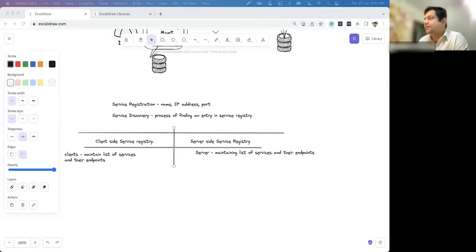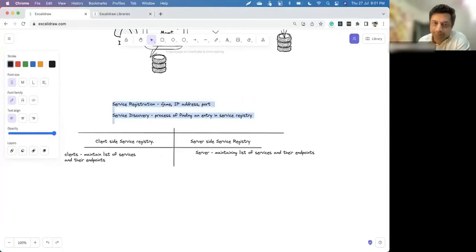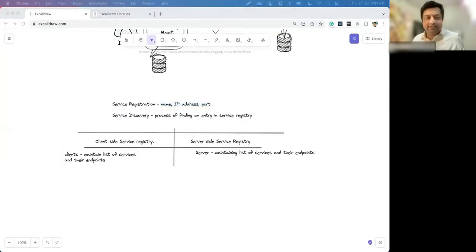So the best way is to use another service, which is a service registry, and that takes care of having the information about where to connect. So this is about service registry. We also covered health checks.